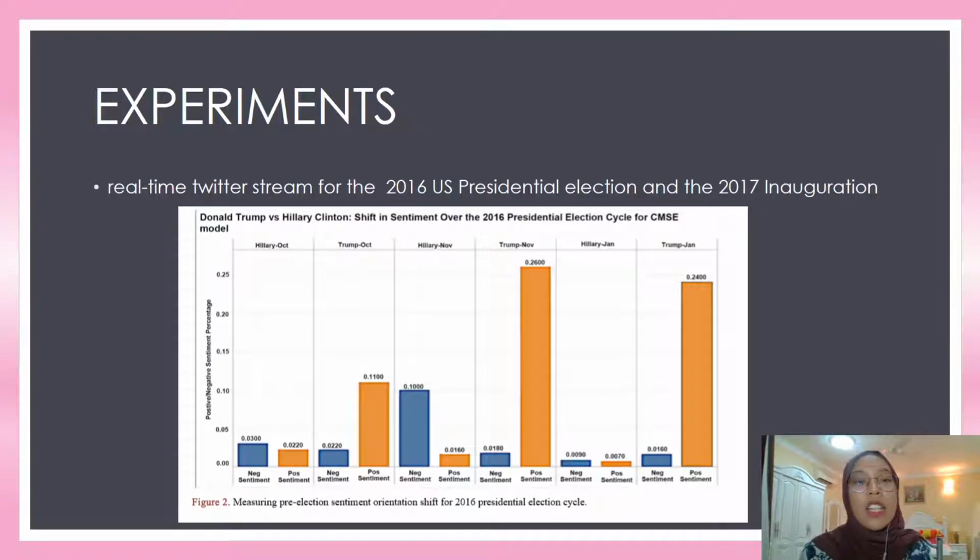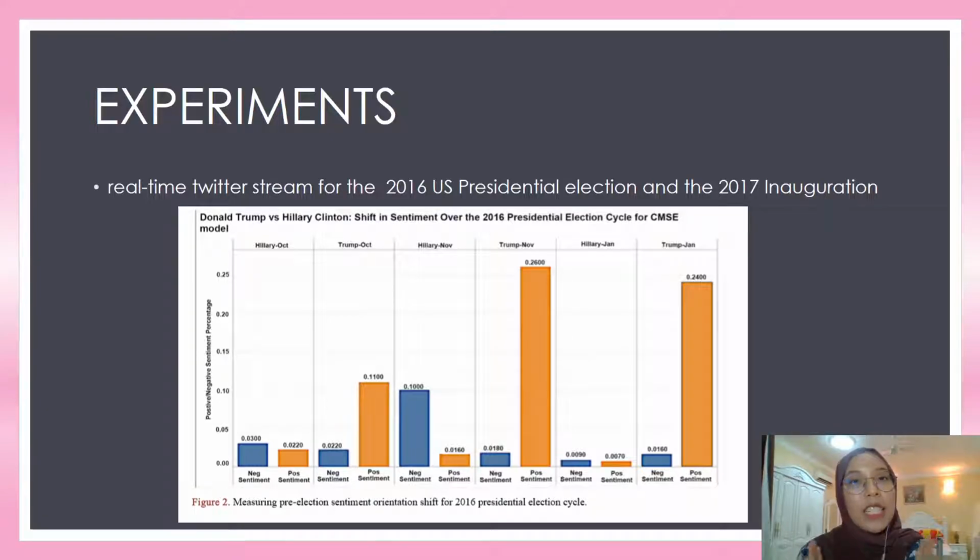Based on the months October, November, and January, we can see that Hillary had more negative sentiments than positive sentiments. Meanwhile, Donald Trump had more positive sentiments compared to negative sentiments.